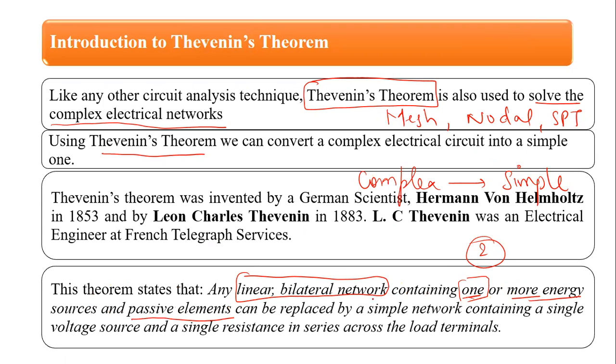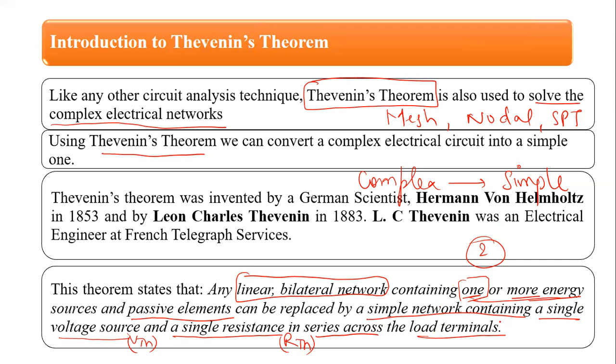So we can replace such a network, which contains energy sources and passive elements, by a simple network. This simple network contains a voltage source, which we call Thevenin's voltage, given by VTH, and a single resistance known as Thevenin's resistance, represented by RTH. Both are connected in series across the load terminals.